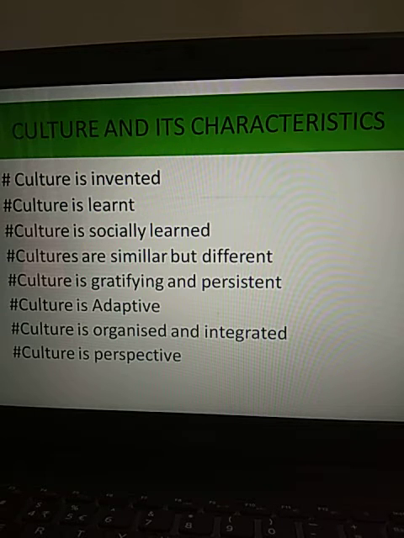I mean to say, culture will not exist to be immediately identified. Culture will flow. It is a perennial activity. The culture will be invented through the habits of the people, through their thinking nature, through their decision making.